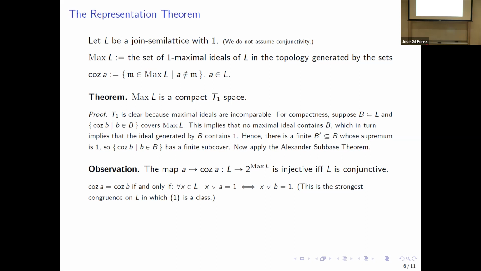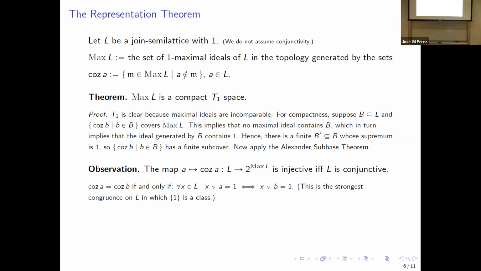A co-zero set is the inverse image of one under a character. All right. So the T1 condition is obvious because maximal ideals are incomparable. Incomparability of ideals translates into the T1 condition.